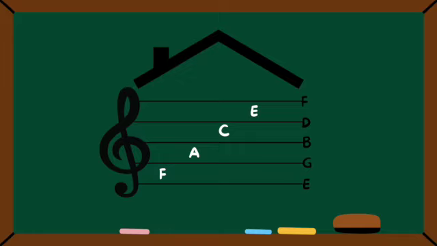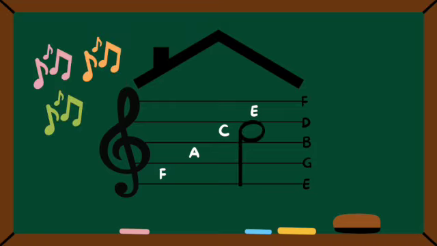So if you bounce back and forth between the spaces and the lines, you'll see that we are following the alphabet. So look at the A on the second space. The line above it is B. Then we have C, D, E, F, and so on. So as we move up the staff we are moving up on the piano.